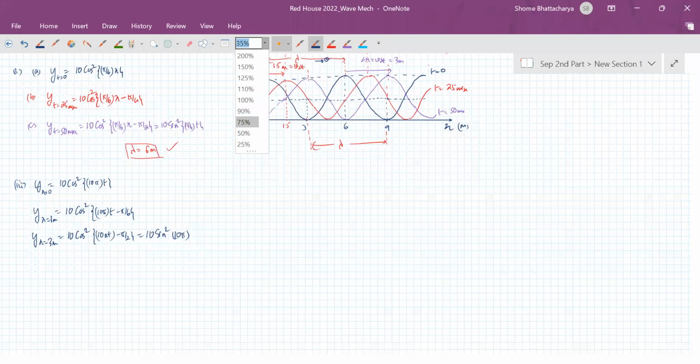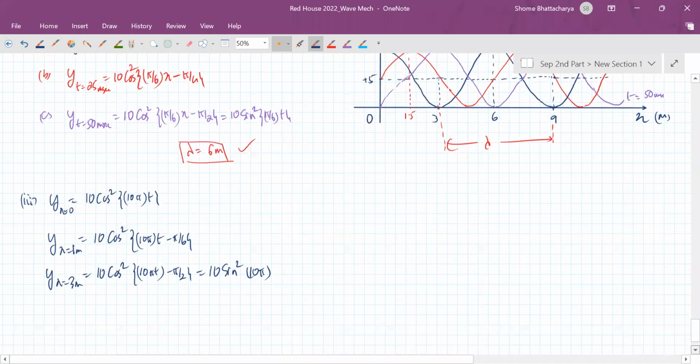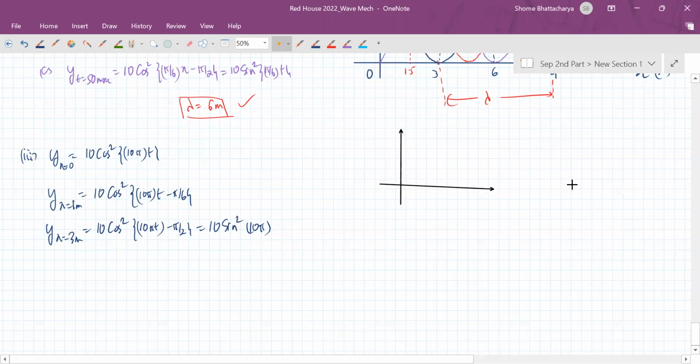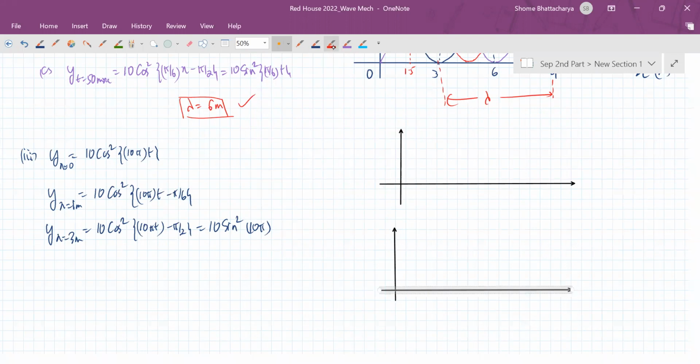So now when we look at the graphs of these individual particle oscillations, see that, for example, this one, it has a cos square graph. It varies with time periodically.